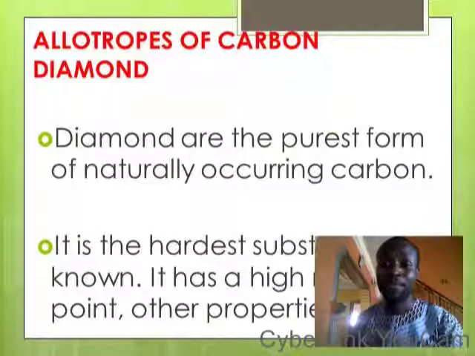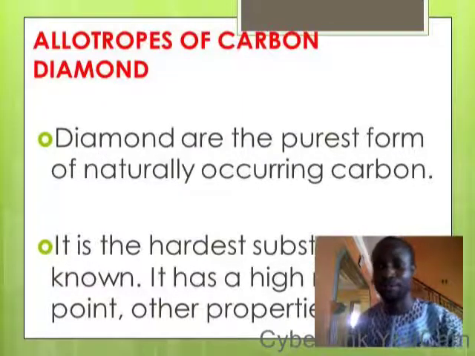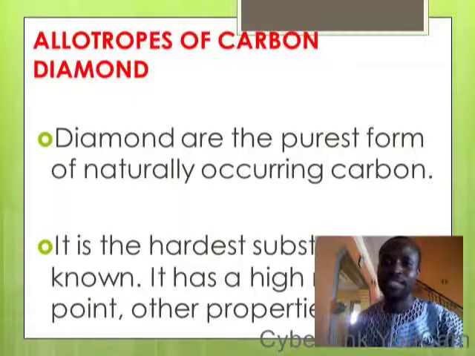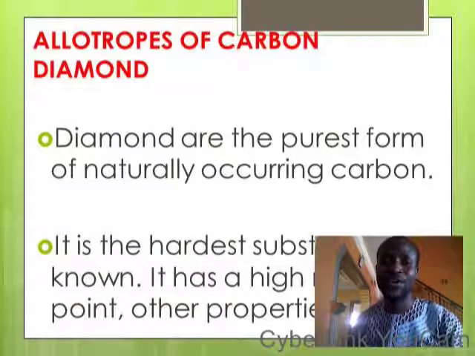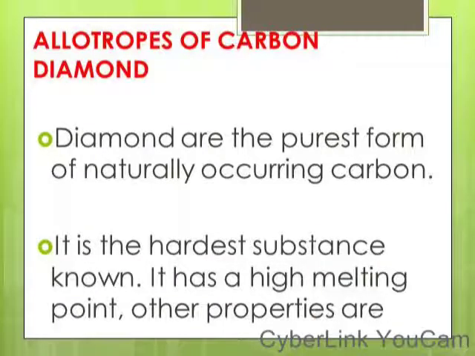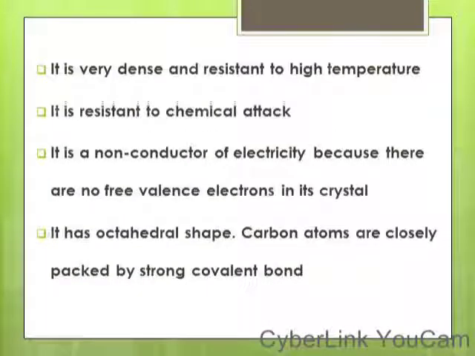Now let us see allotropes of carbon. Diamonds are the purest form of naturally occurring carbon. It is the hardest substance known. It has a high melting point.